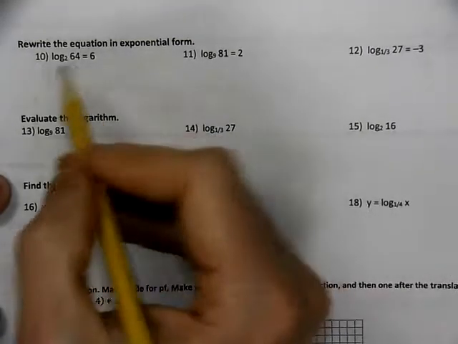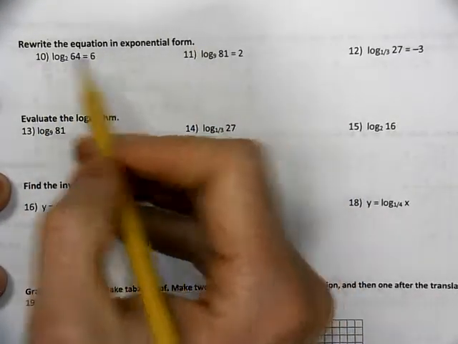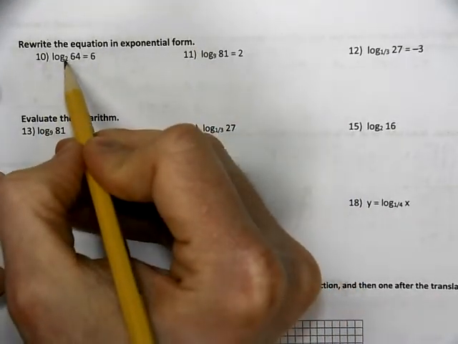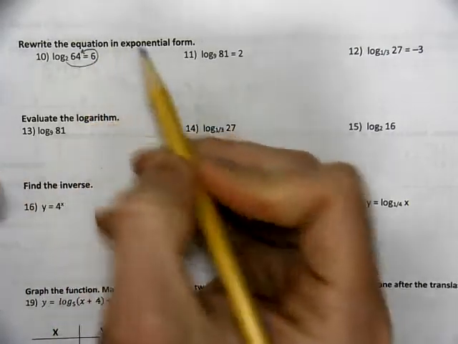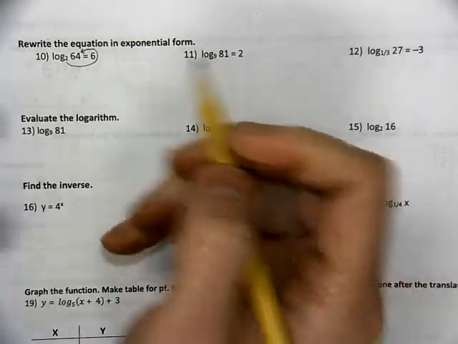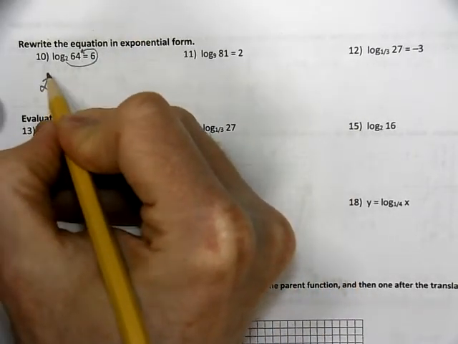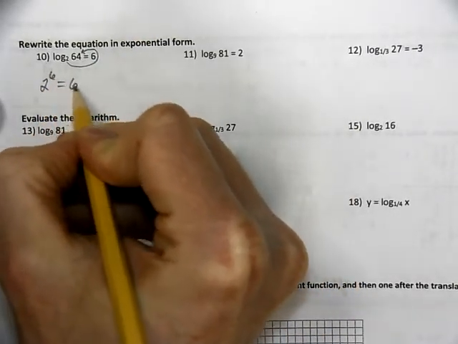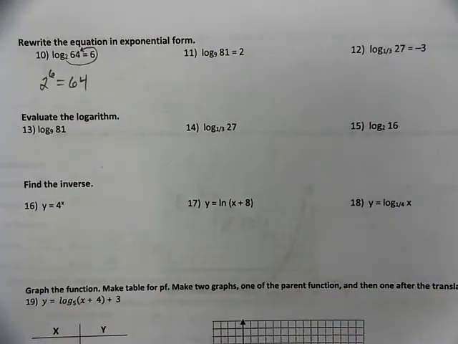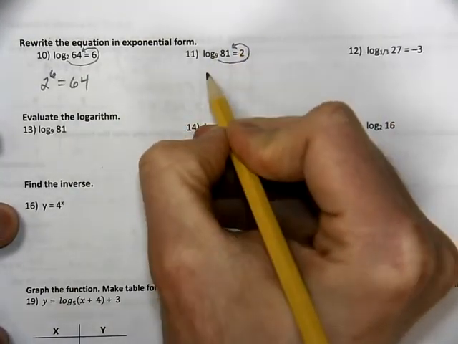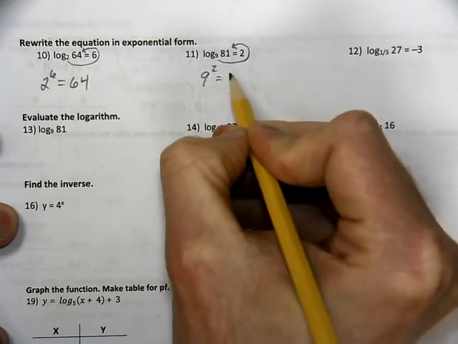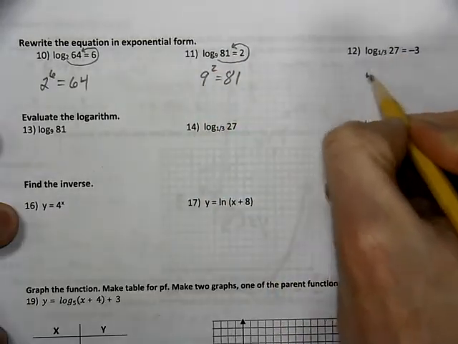The last page, write the equation in exponential form. So remember, we do 2 to the 6th power is 64. So 2 to the 6th power, that would be exponential form. 9 squared is, of course, 81.